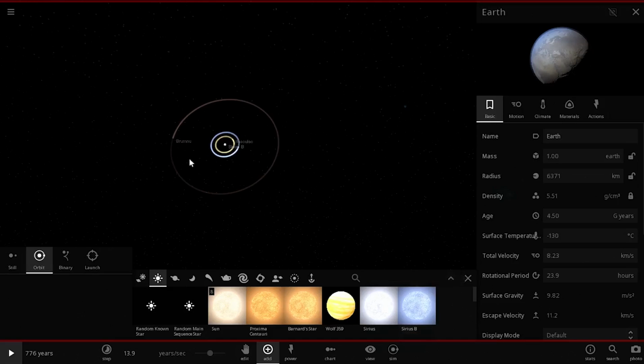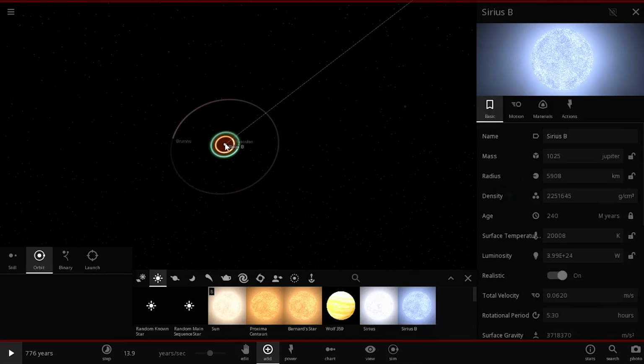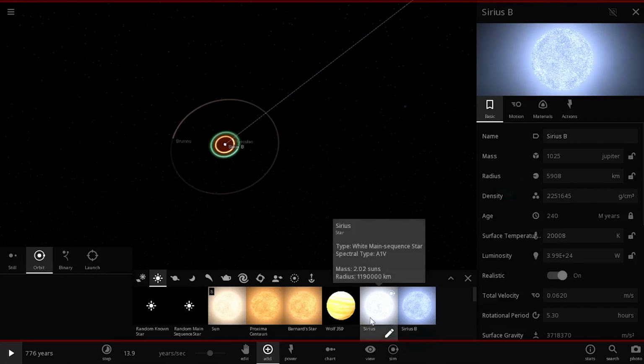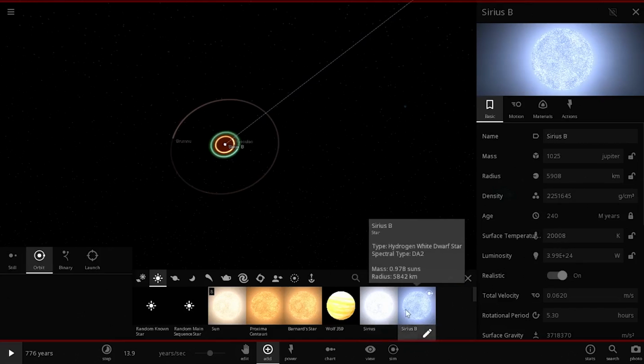In fact, if I click on this one here, surface temperature is actually more than the sun, obviously, but that's serious. That's a hydrogen white dwarf. Yeah, I don't know.